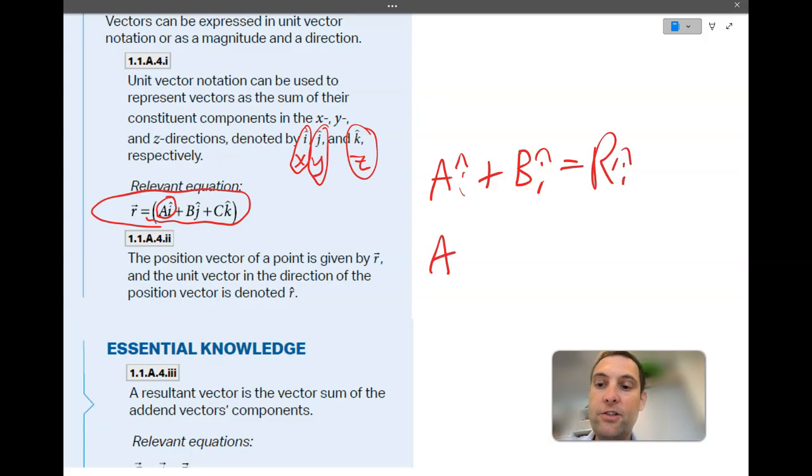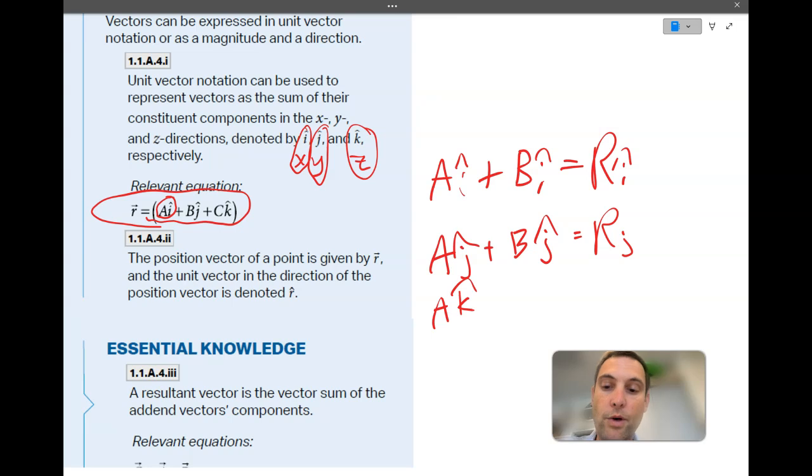And then we can take vector A's j hat plus vector B's j hat, and that's going to give me my resultant j hat. And then same thing for k hat, and so on. Your final answer is going to look like this, where it's R i hat plus R j hat plus R k hat. And you could just leave it like that.